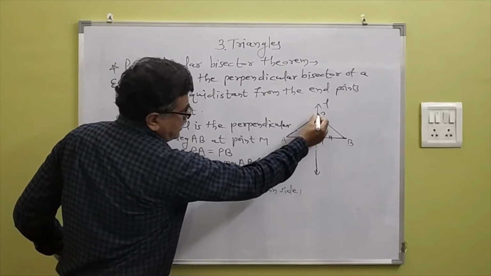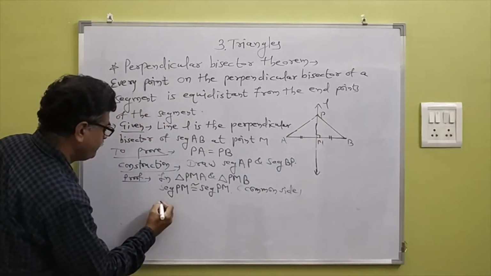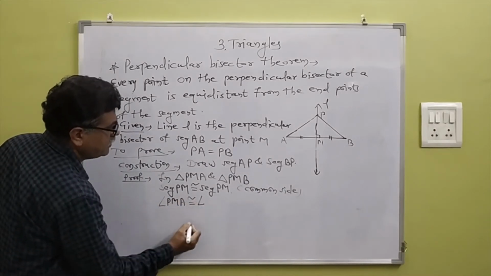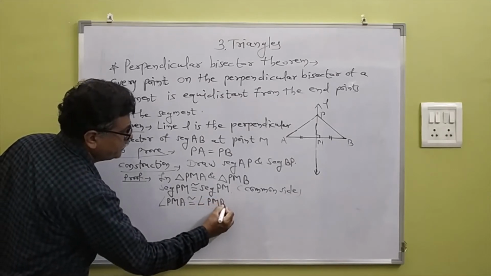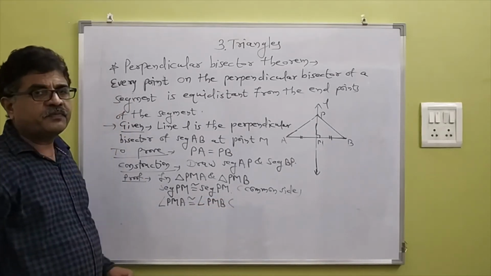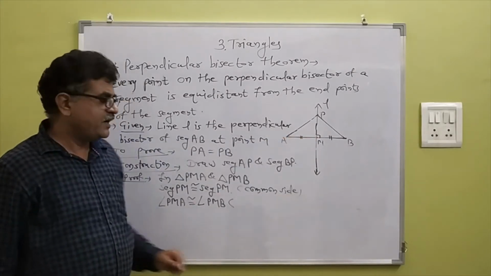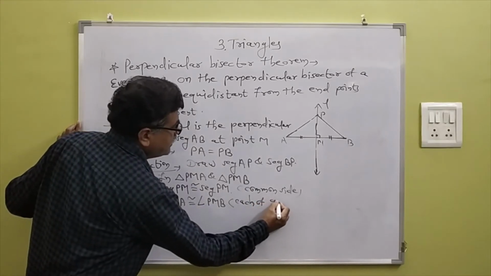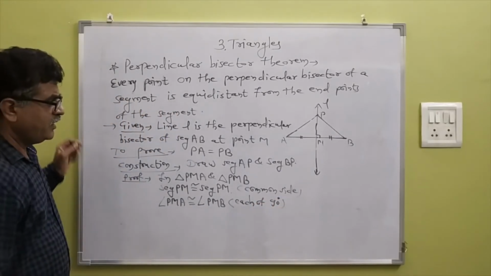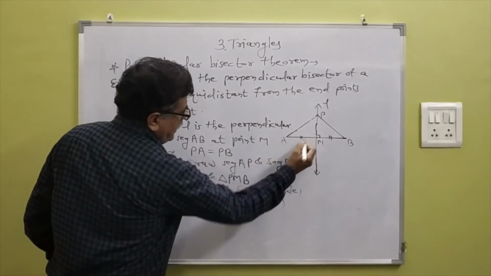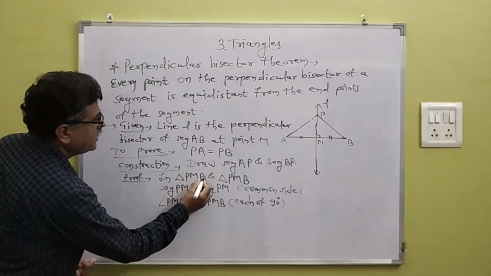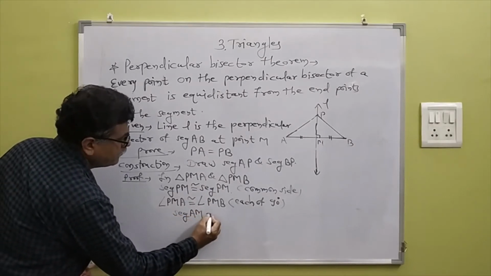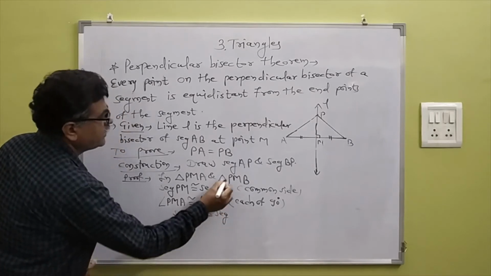Angle PMA congruent to angle PMB. Now what is the result? Each of 90 degrees. And segment AM congruent to segment BM.